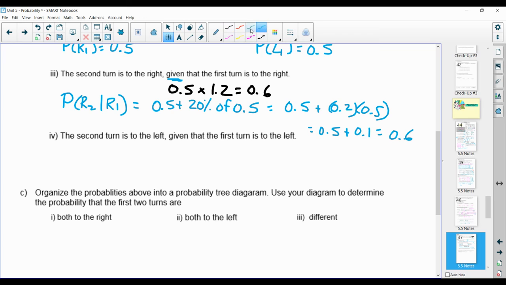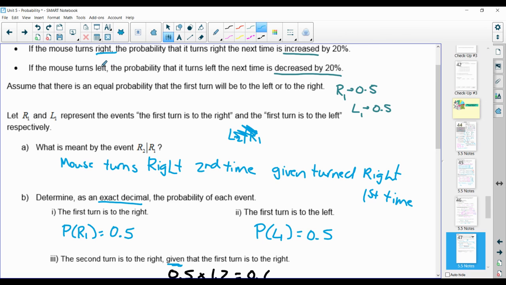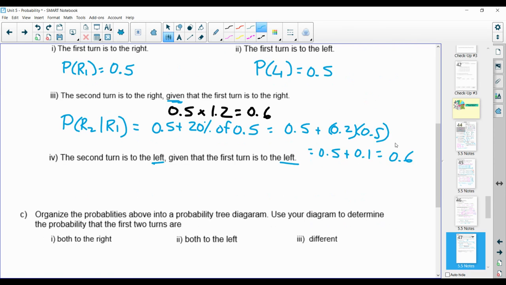All right, let's take a look at the next example here. We're looking at the probability that the second turn is to the left, given that the first turn is to the left. Well, we're told in the question here that if the mouse turns left, the probability that it turns left again is decreased by 20%. So we're looking at the probability of a left turn the second time, given they made a left turn the first time.